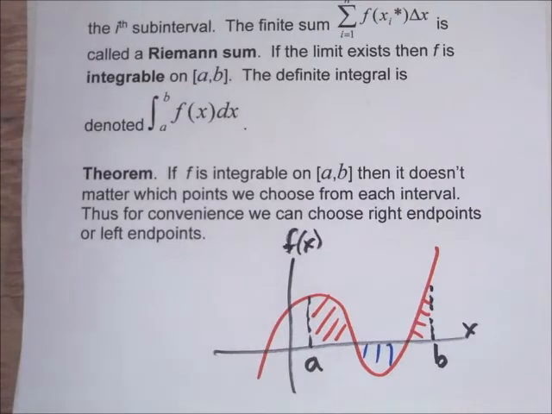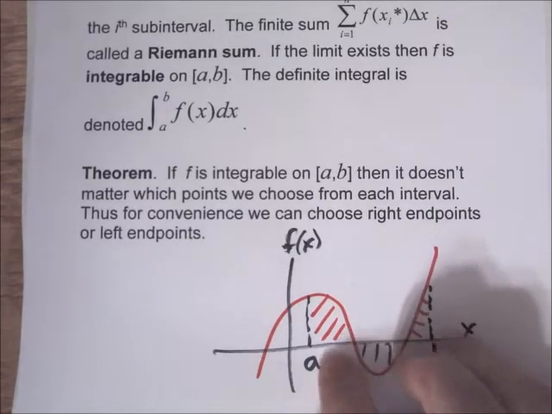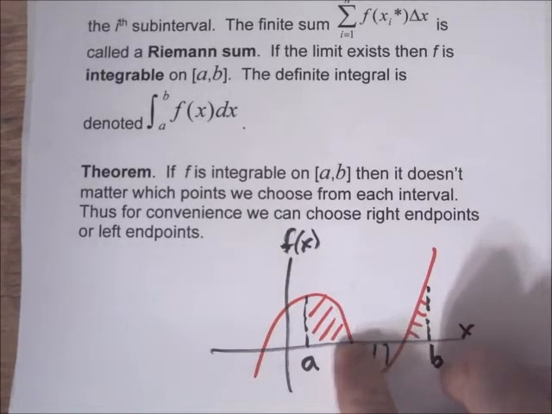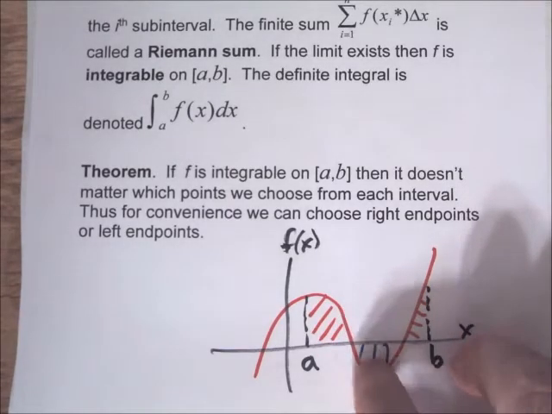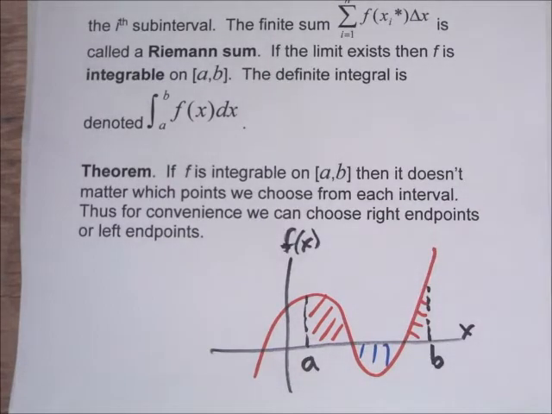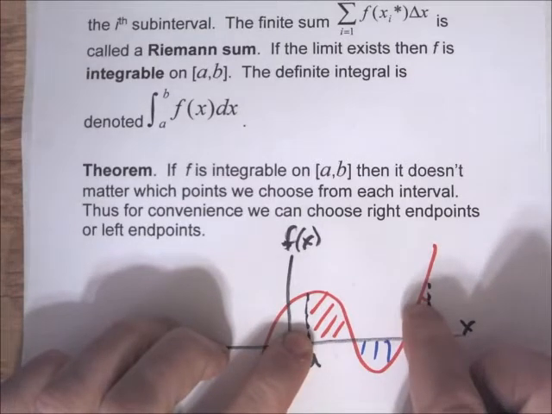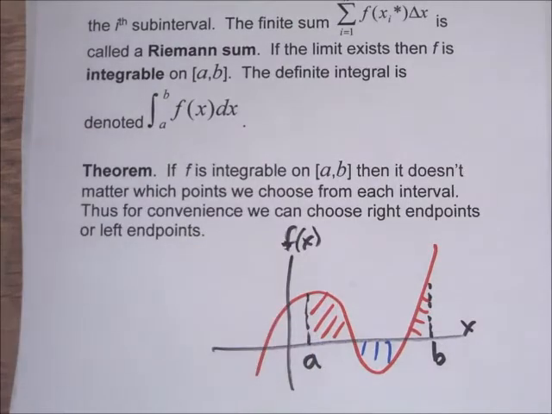Before, we were just looking at a graph of a function that was above the x-axis on that interval, and the integral in that case would just be the area under the curve. But if you have a function that goes above and below the x-axis, it's going to be sums and differences of areas. So you would add the areas above the x-axis and subtract the area below the x-axis to get the integral.